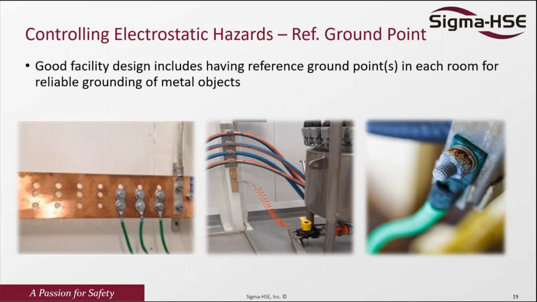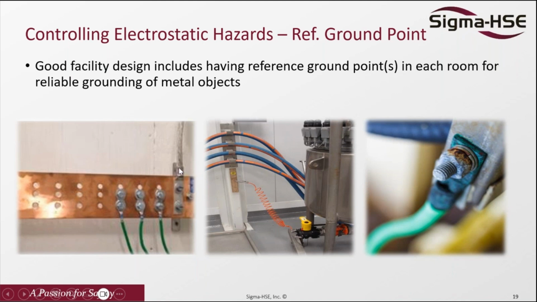In most facilities, they have what we call, in the picture on the left, a bonding or grounding bus bar. Can you see the line on the top there? That is a grounding cable, which is connected to the ground. Then you have this bus bar, which you connect all your equipment to.